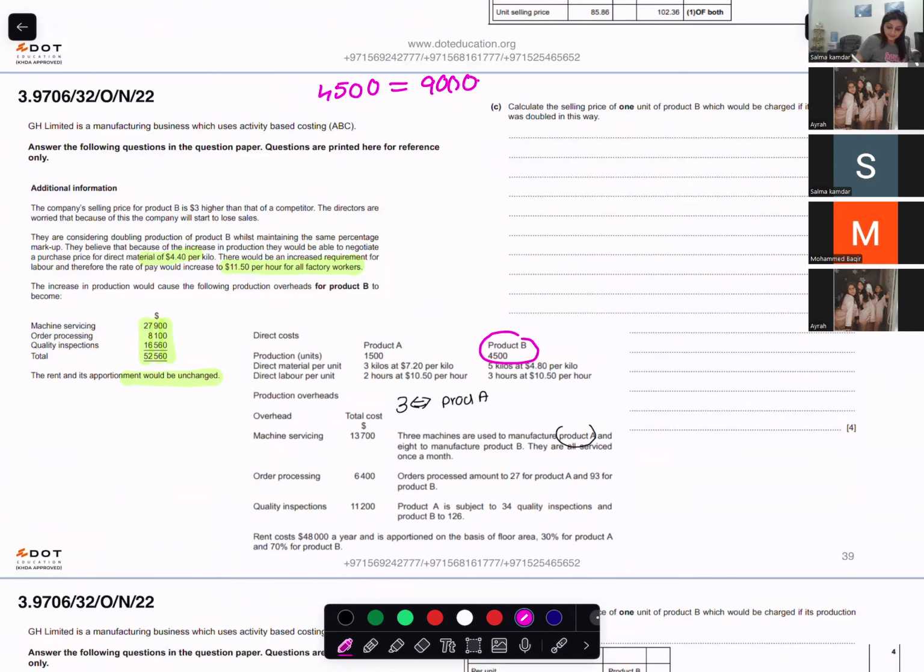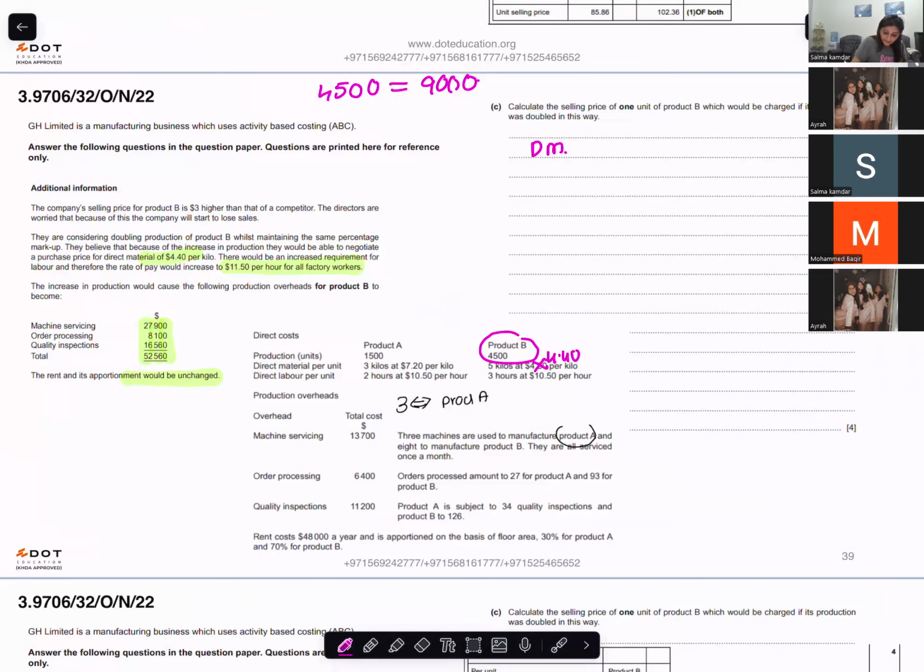So let's do direct material first. So the cost would become how much? 4.40 per kilo. So 5 into 4.40. Not that one, not product B. Okay, sorry. 5 into 4.40, so it'll be 22.